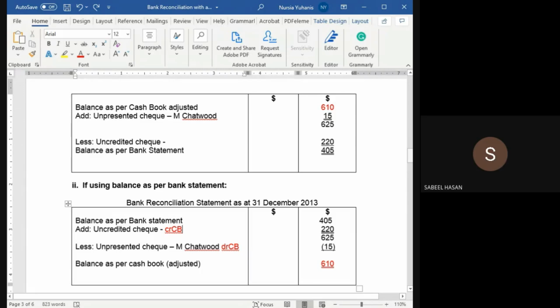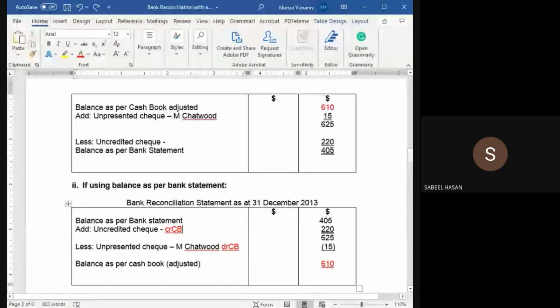But since our class is online, we cannot do that. So please look into this question if you're interested to do this kind of statement. Because if you want to become an accountant or work in the finance or accounting team, you will do this.